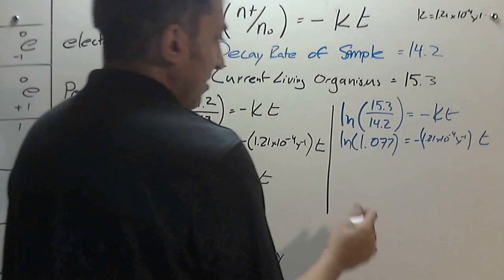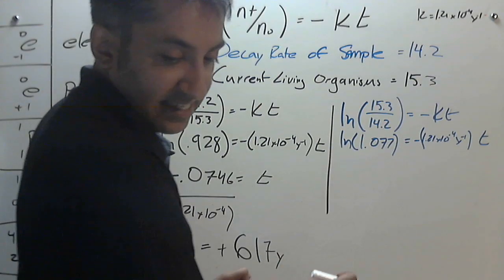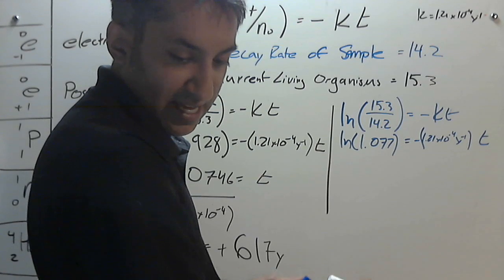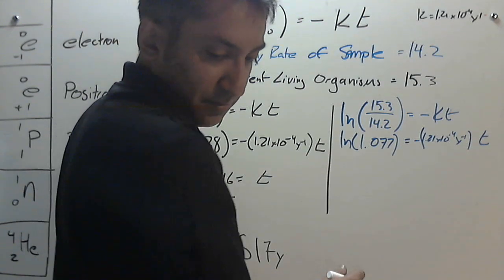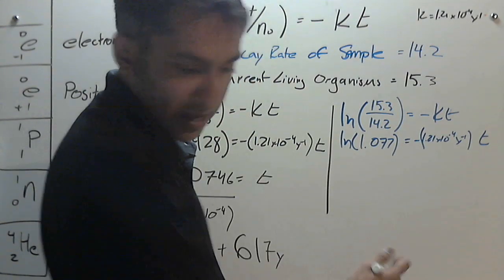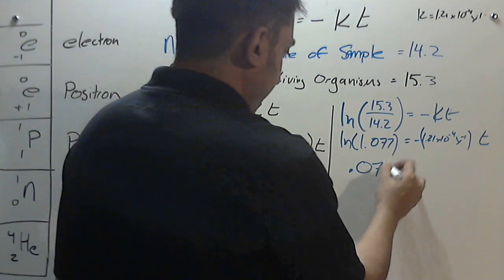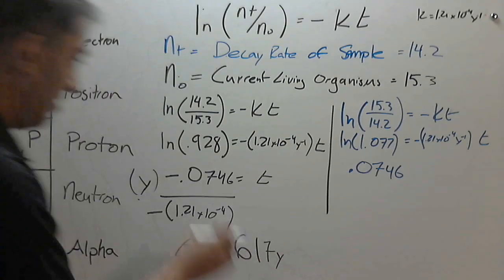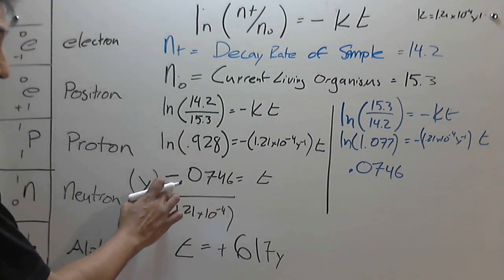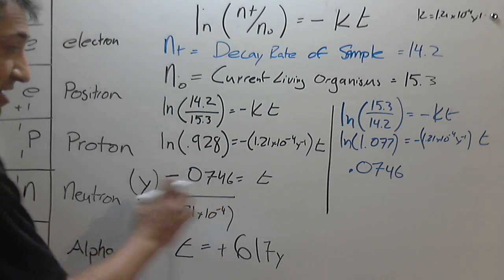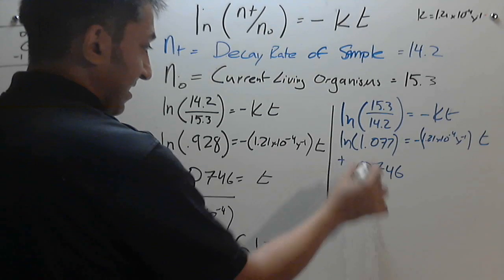Solving for time, ln of 1.077 is going to be, I'm sorry, 0.0746. Not negative, it's going to be a positive.